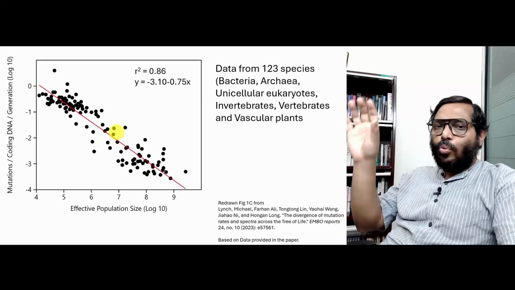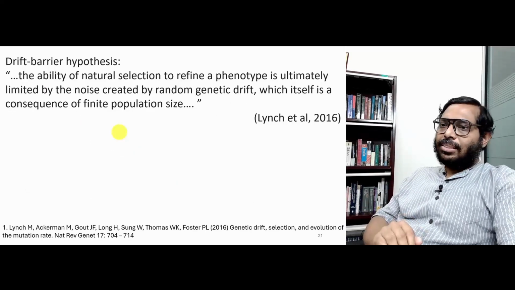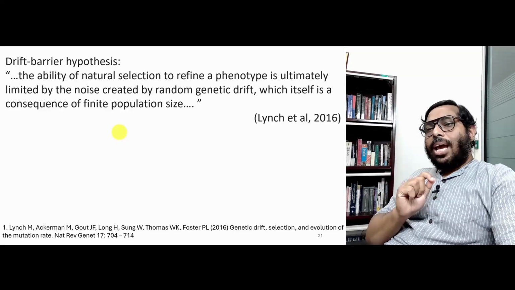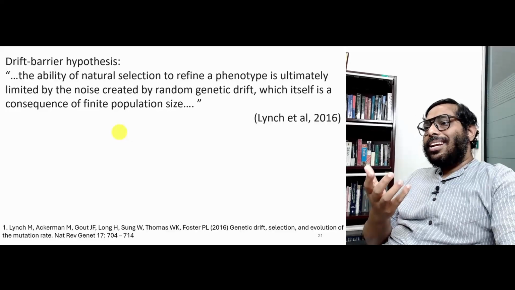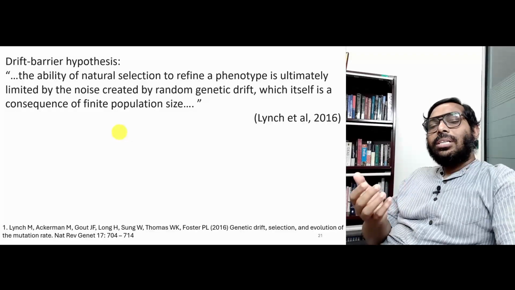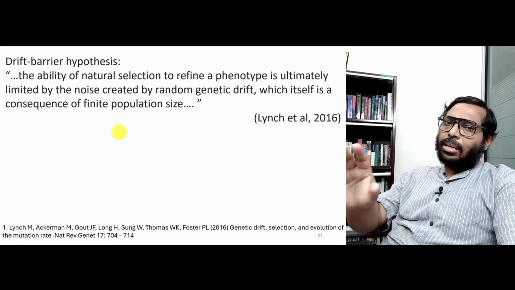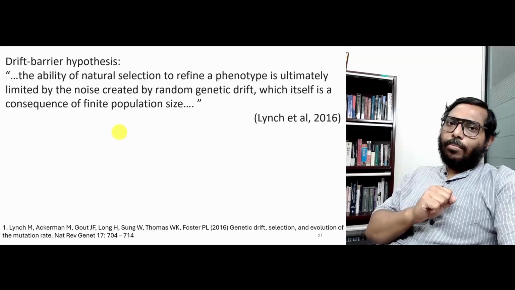I am just giving you the overall picture, and the overall picture is very simple. It says that the ability of natural selection to refine a phenotype is ultimately limited by the noise created by random genetic drift, which itself is a consequence of the finite population size that the particular species is experiencing. That is the crux of the whole matter.